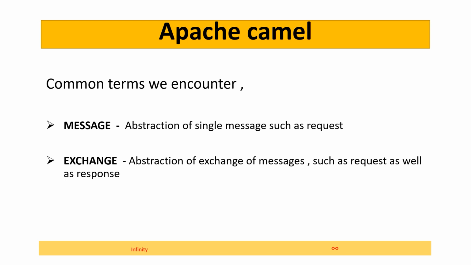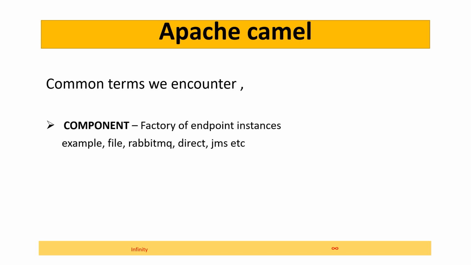Exchange is an abstraction of the exchange of messages, such as the request as well as the response. The very important term we encounter is component. Component is an endpoint instance, for example, file, RabbitMQ, direct, JMS. Apache Camel has hundreds of these components which can be used in our routes.